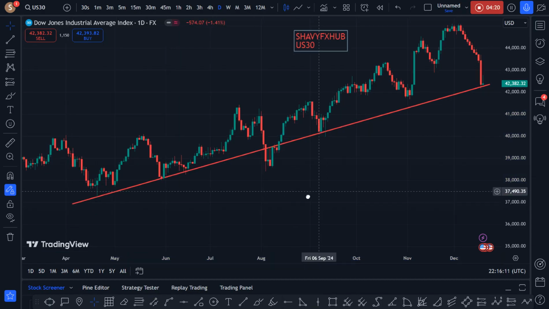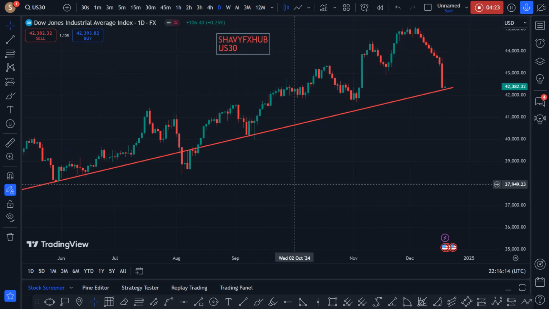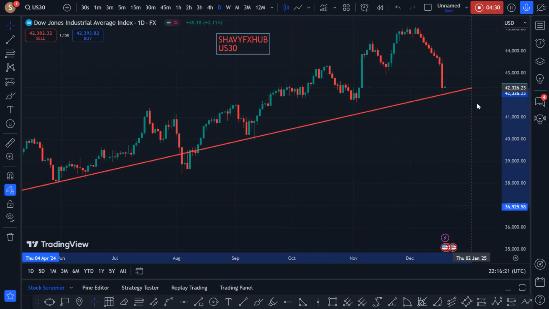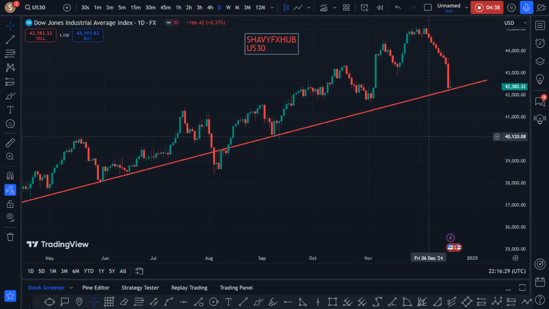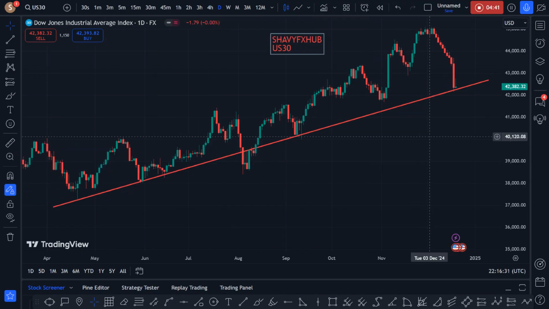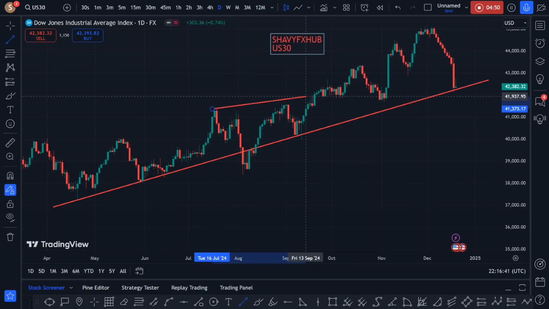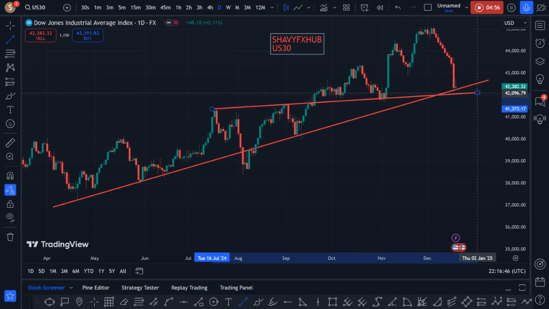This is, let's see. We have another structure here, supply roof, breakout of the supply roof.